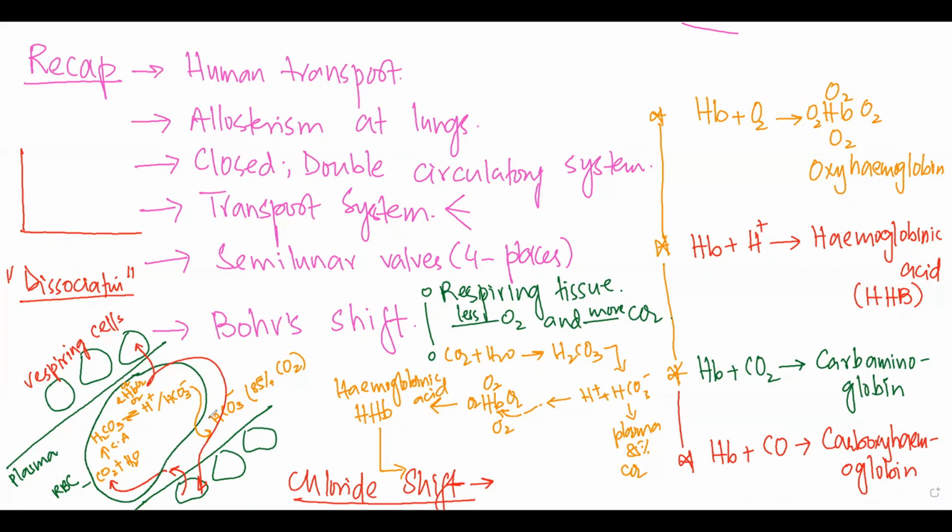Because they are negative ions. Yes or no? Yes. So to balance this out, chloride ions move inside the cell. This is called chloride shift. It's a new addition. Remember, beta, you will not find this in past papers, so understand it carefully. Chloride ions move into RBCs. So this is called chloride shift, to balance the release of HCO3 negative ions. Okay Noor beta, are you understanding?